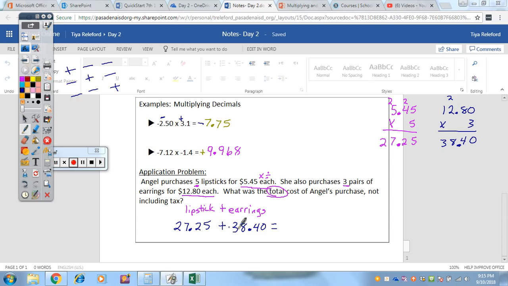Can I add sideways like this? Not if I want to be right. Now remember, when we add, we have to line up our decimals. This is what you're going to see almost all of the time. They're going to have you add and multiply or add and divide, just to make sure you know that sometimes you line them up and sometimes you don't.